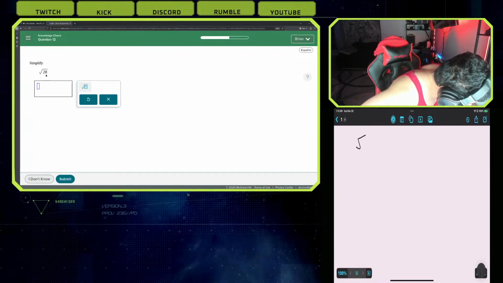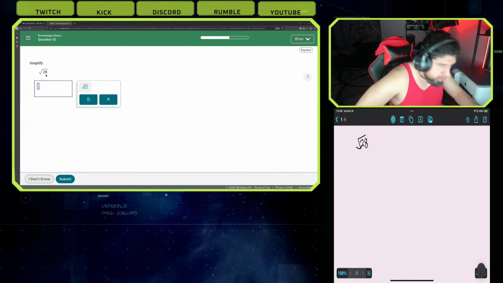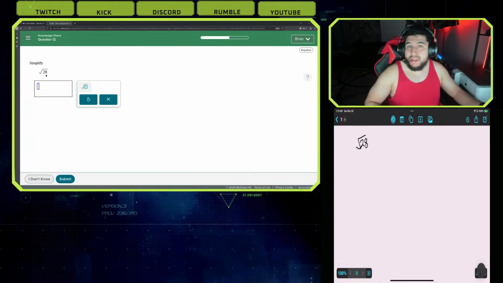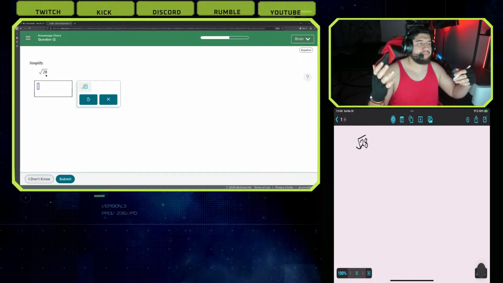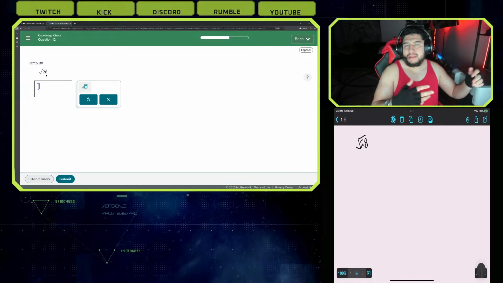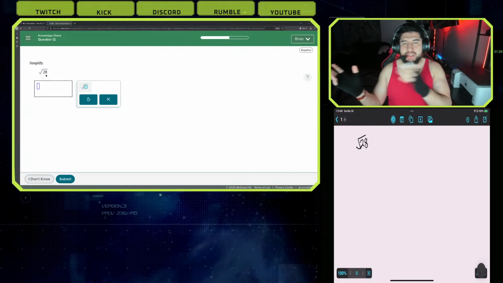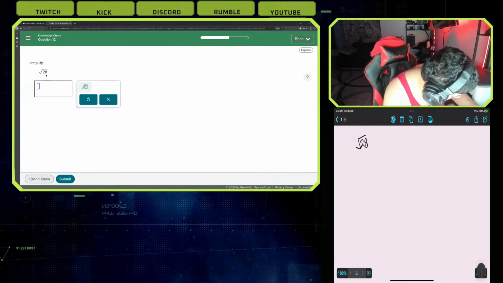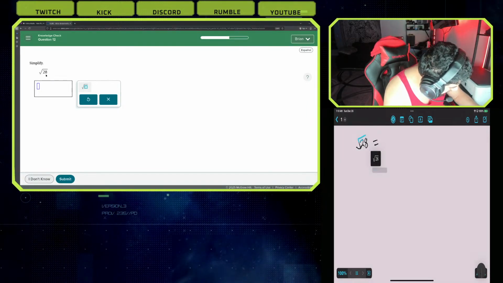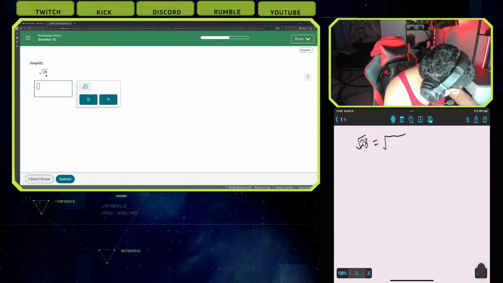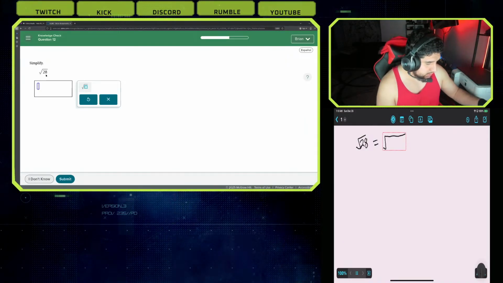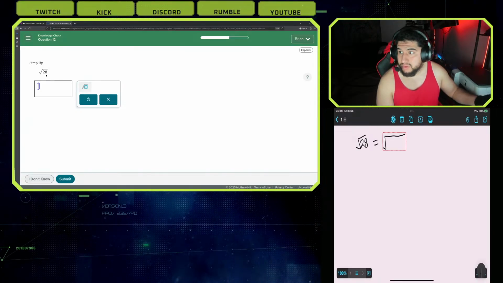Alright, the square root of 28. We can't square root it, technically. We have to bring out as much as we can from the square root. So the square root of 28 is the same as the square root of, let's just choose two numbers, 7 times 4 equals 28.